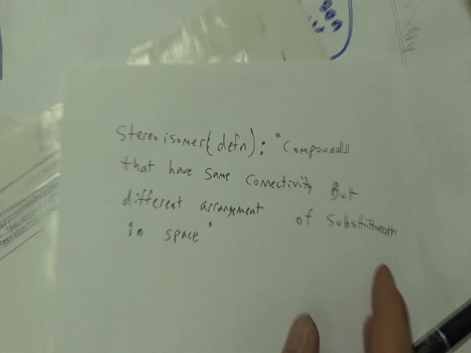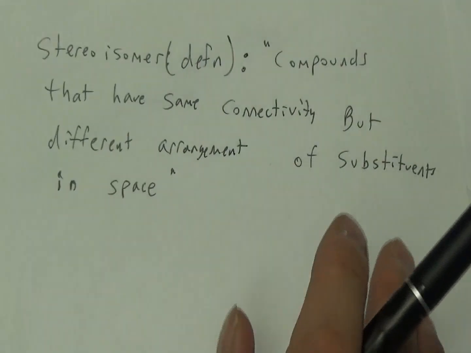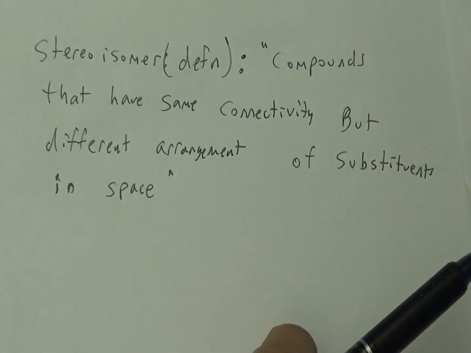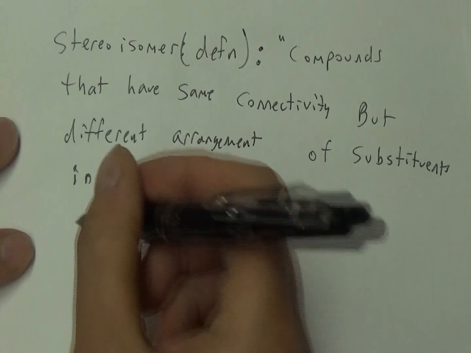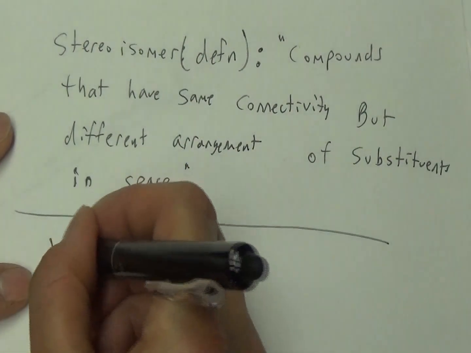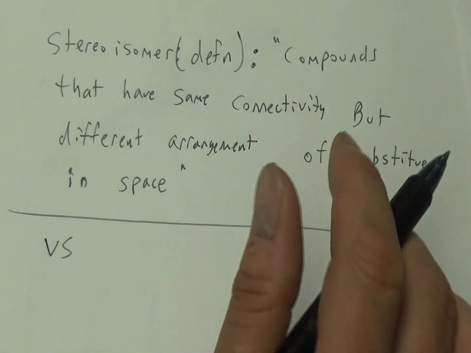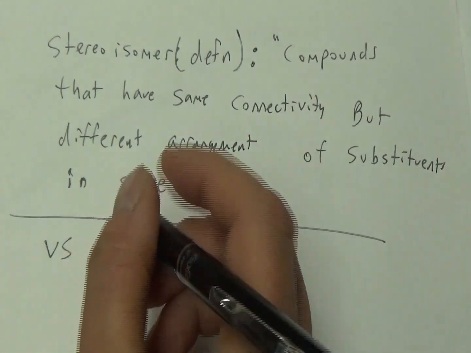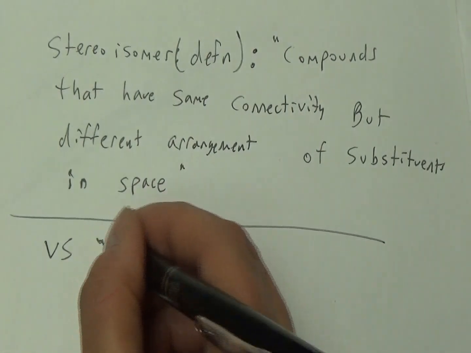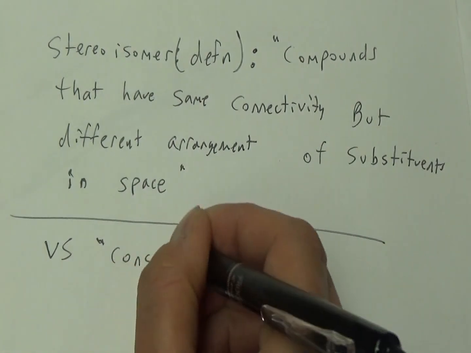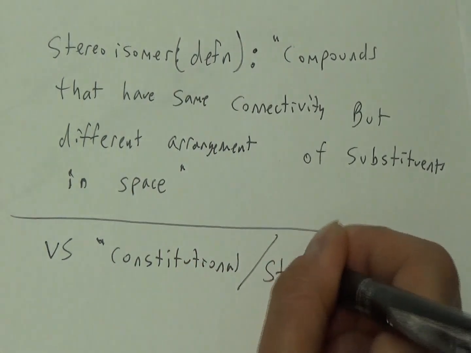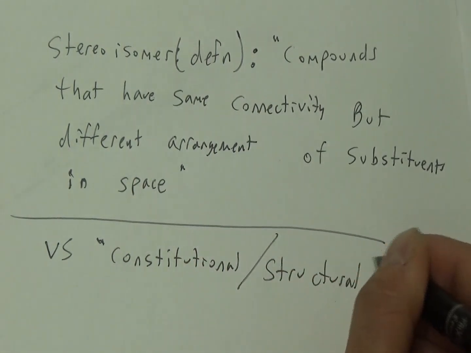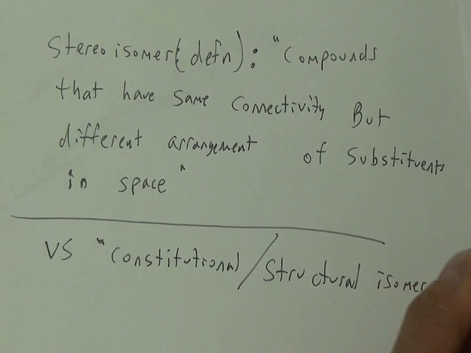Okay. So we gave a little definition of stereoisomerism. Versus, what's the other kind of isomers you know right now? Probably the most familiar are constitutional or structural isomers.